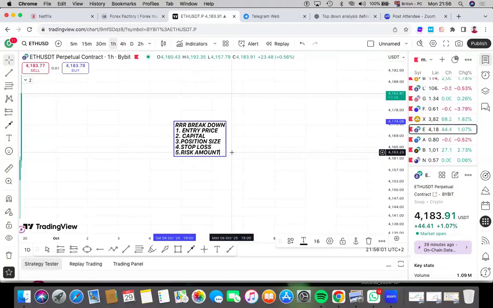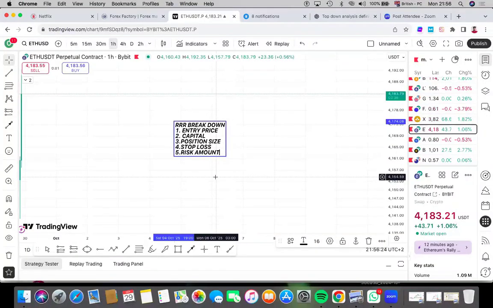That's why you have to have a specific risk amount. For you to even have a proper RR, you should know how much you are risking, and also how much you are potentially going to make if that trade goes your way.